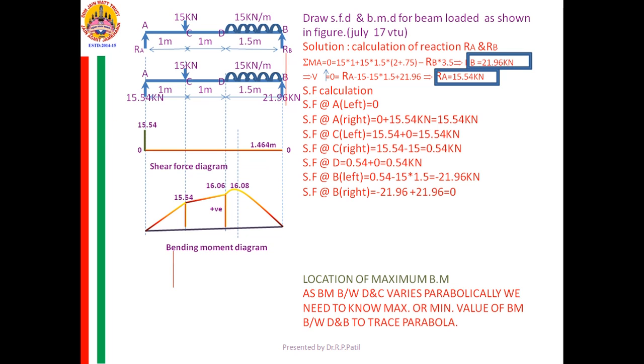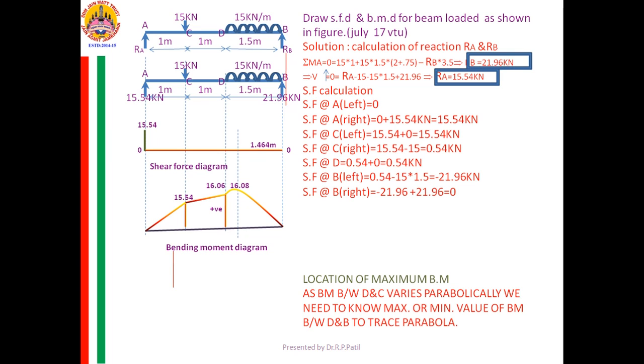So, to some scale, you draw there a line and write it as 15.54. Now from there, next you are going to right of C. See what is there at left of C. It is 15.54.